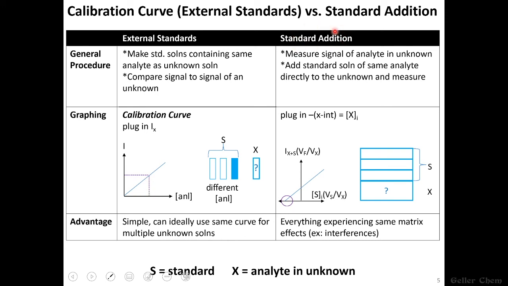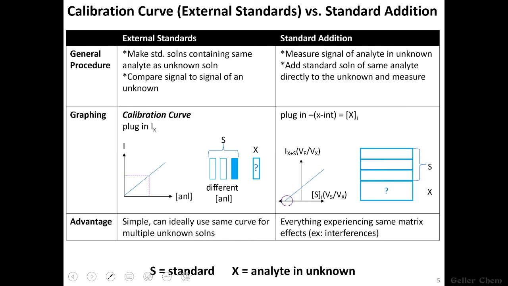Whereas in the standard addition method, we measure the unknown by itself, and then we progressively add more and more standard into it, and then keep on measuring the intensity, and then we make this type of graph here, which has very different terms going into the y and x-axis compared to the calibration curve. And what we do with that graph is very different as well. We're not just plugging in the signal of the unknown and solving.